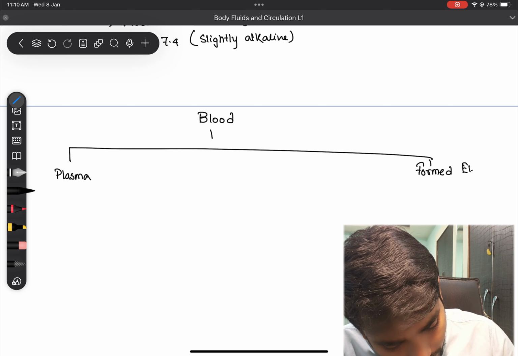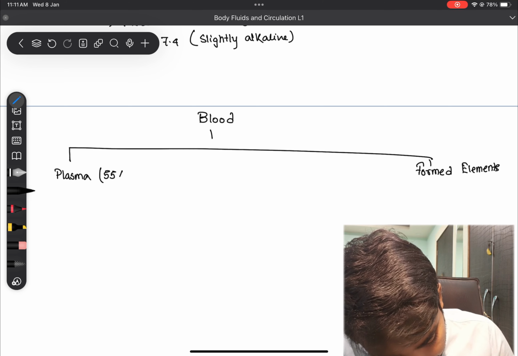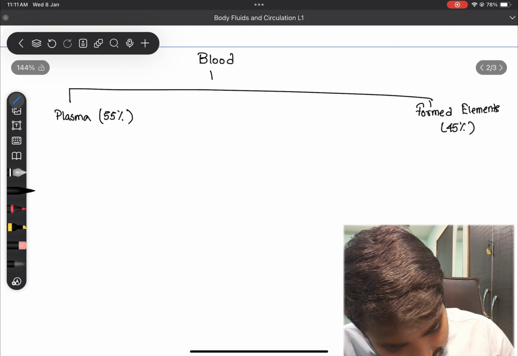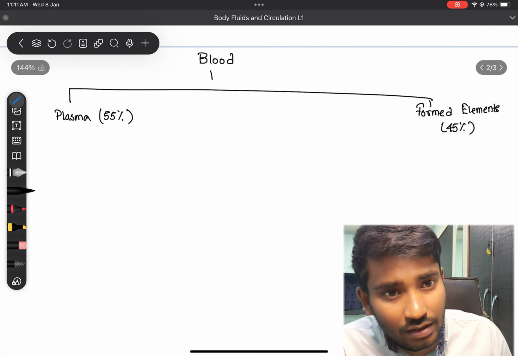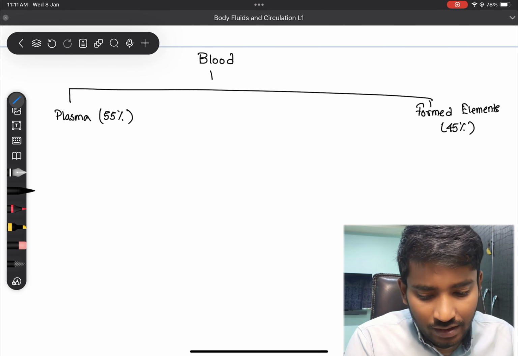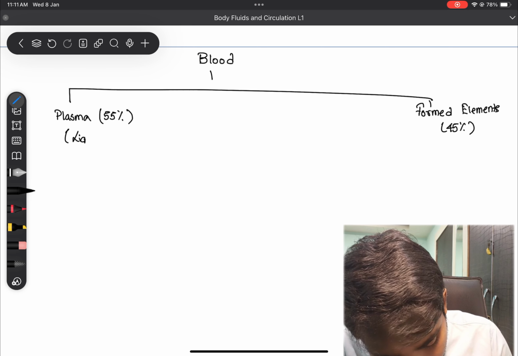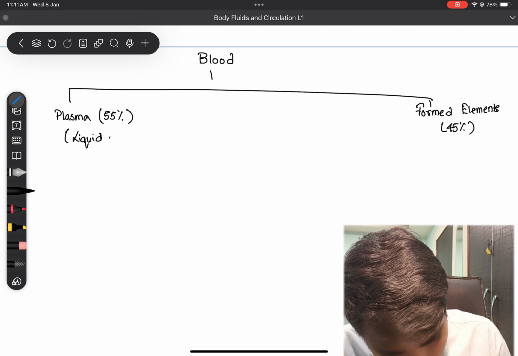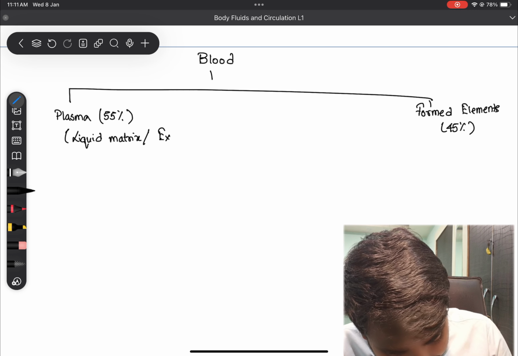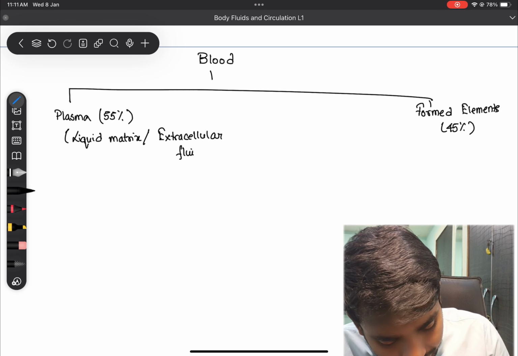Plasma is 55% and the formed elements are 45%. Plasma is a liquid matrix, an extracellular fluid, which remains outside the cells.